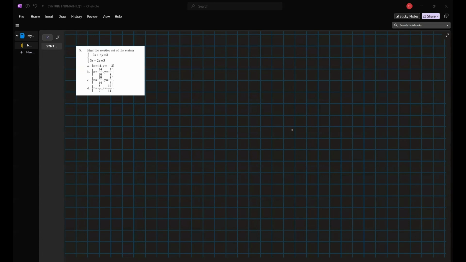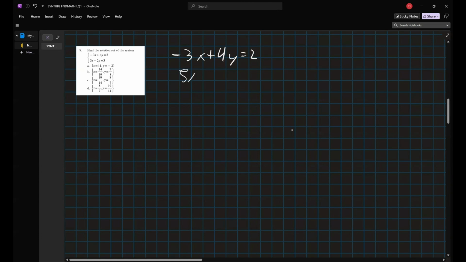So for this, we have negative 3x plus 4y equal 2, and 5x minus 2y equal 3. Now, if we were just given one variable, let's say we didn't have y here, we can just equate both equations to each other and solve for x.